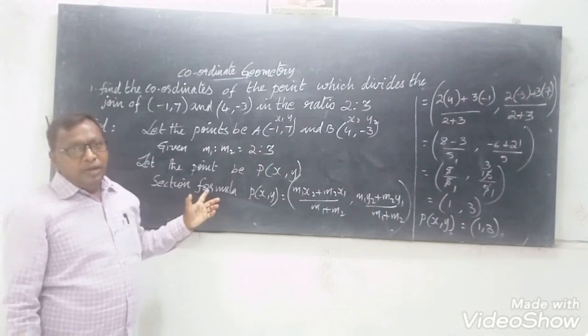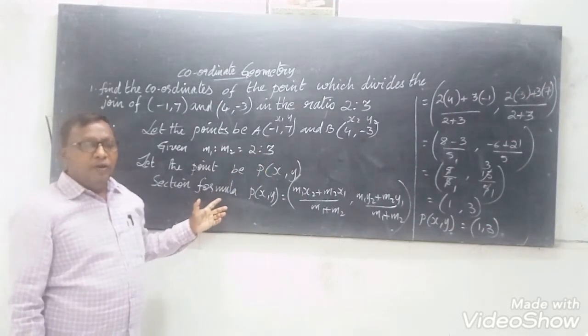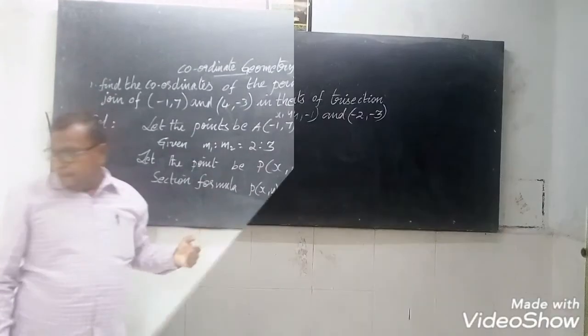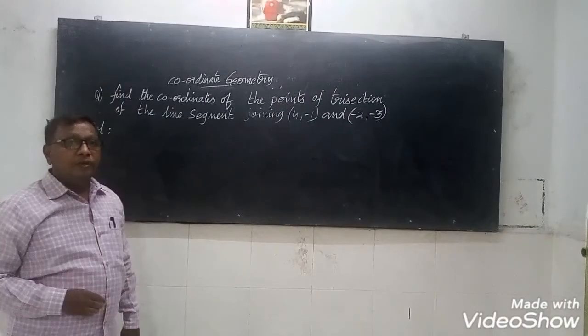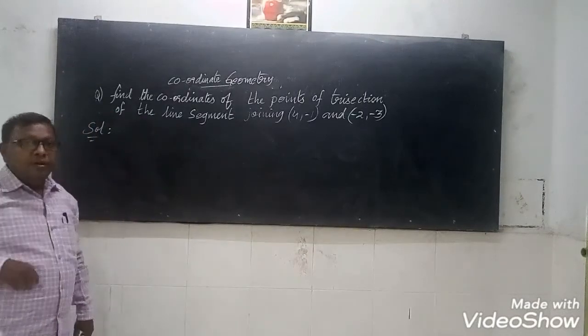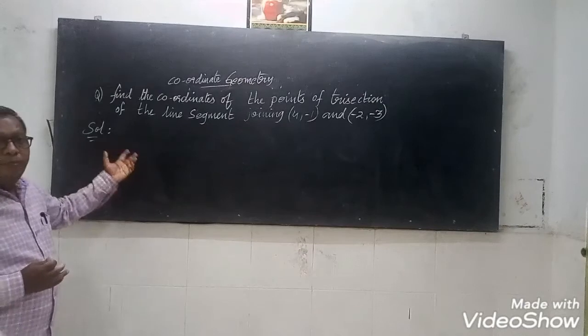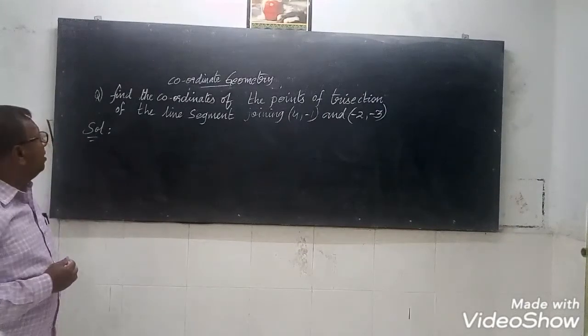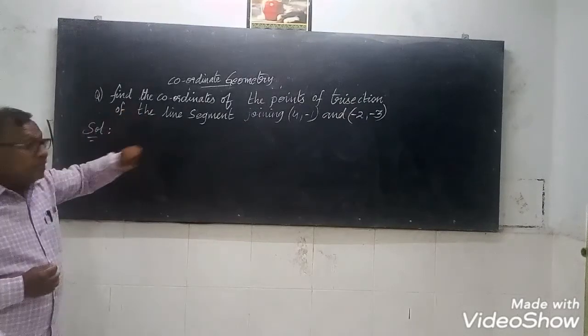I hope you have understood this problem. Now we will proceed to solve one more problem. Okay children, see once again we have one more problem here. This is also an application of the section formula which we have learnt earlier. Now go through the question here.